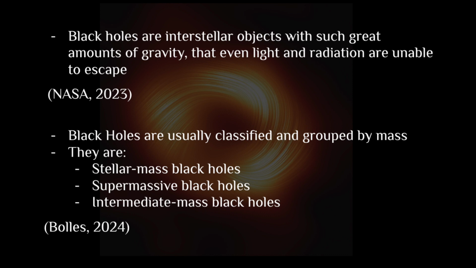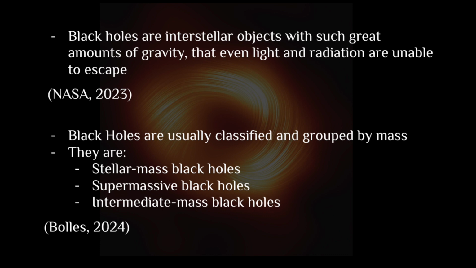Stellar mass black holes have sizes comparable to extremely large solar masses, and can range up to 100 times our own sun's mass. Supermassive black holes are those found at the center of large galaxies, and are more than 100,000 times the mass of our own sun. The Milky Way's supermassive black hole is called Sagittarius A*.